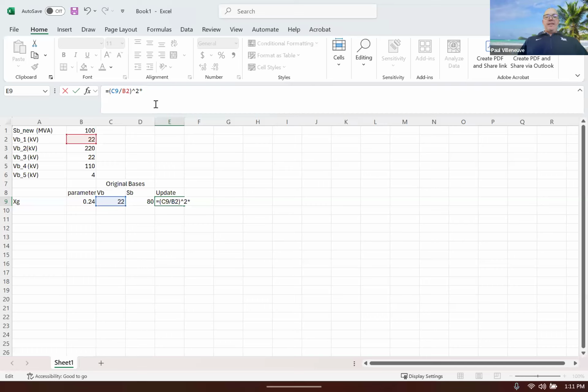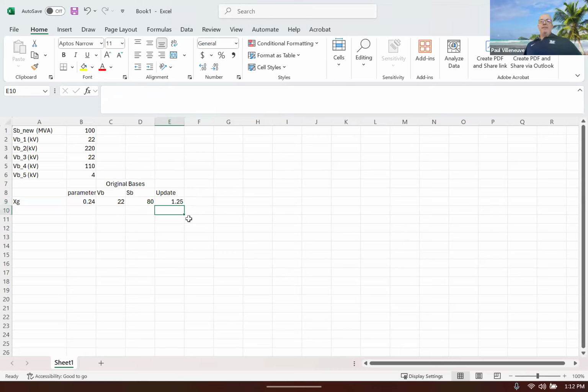Then we're going to multiply that by SB new, which is here, divided by SB old. And that is my updated value. I get 1.25 times that value. Let's see if that's correct.